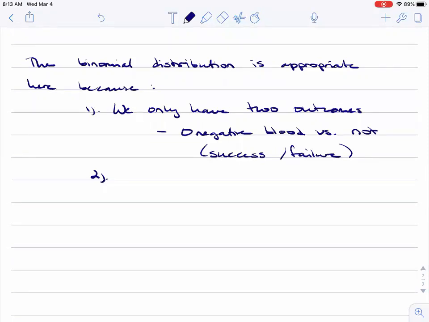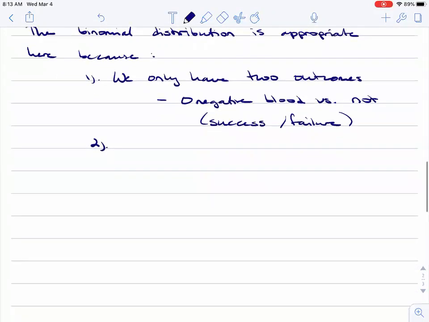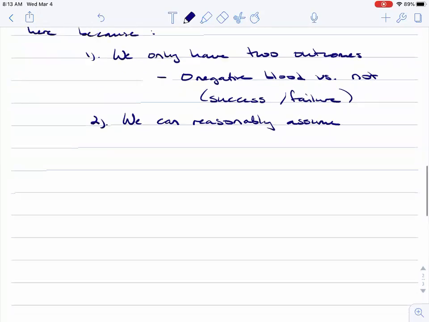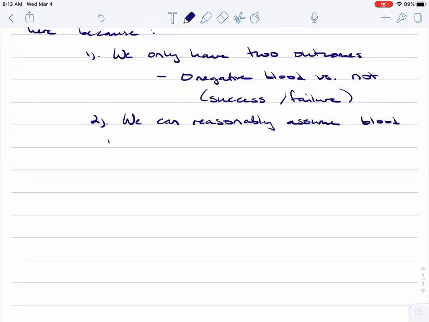So we can reasonably assume blood types are independent from person to person. So those are the two main things that we want to look out for. If we think we might have a binomial distribution, we're just going to check these two things.